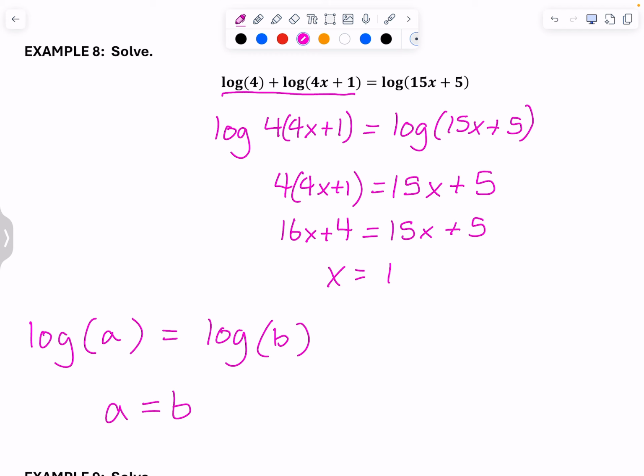Minus 15x gets me a 1x, right? And then if I minus 4 on both sides, that gets me a 1 on the right side. Is that answer going to work? 4 is 4, so we're good there. If I plug 1 in there, it's positive. If I plug 1 in there, it's also positive. We're good. It's probably right.